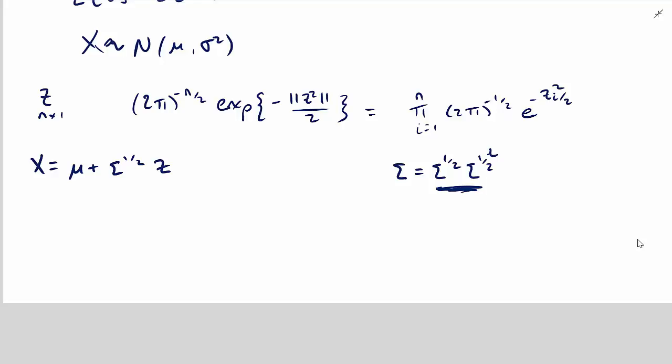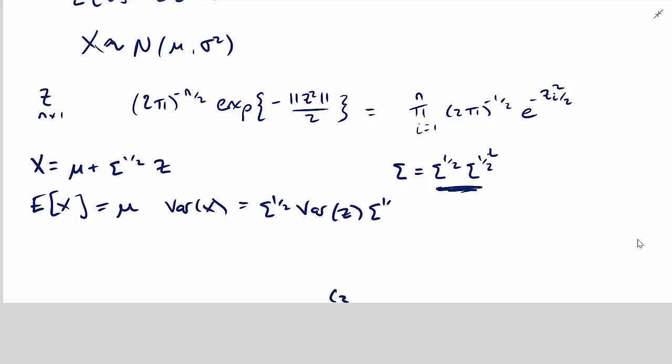So notice if we write X this way, the expected value of X is equal to mu, because the expected value of Z is 0, and the variance of X is equal to sigma to the 1/2 times the variance of Z times sigma to the 1/2 transpose, and the variance of Z is I, so we just use this fact and it equals sigma.